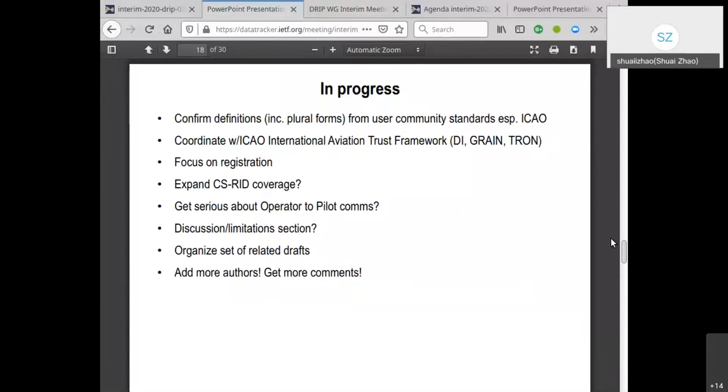This is directly related to crowdsourced remote ID and also observer to pilot communications without even involving ATC. And the charter also says that the purpose of our working group is leveraging existing protocols to develop new protocols. I believe those two fit well into the charter.